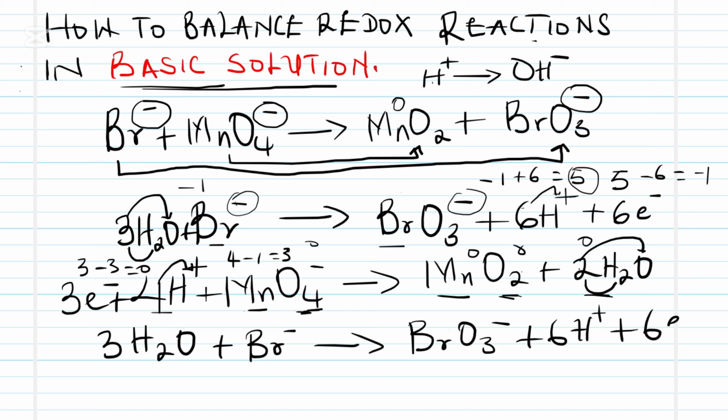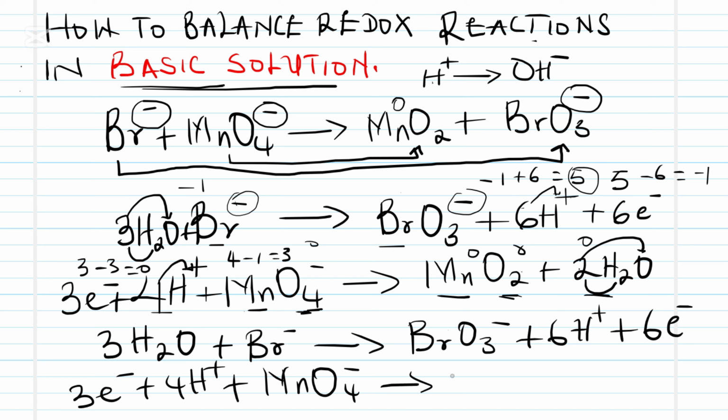These are 6 electrons. And for the second one here, we have 3e minus plus 4H plus plus MnO4 minus. We put our arrow. And right here we have MnO2 plus 2H2O. All right.